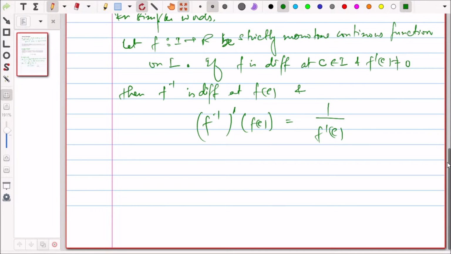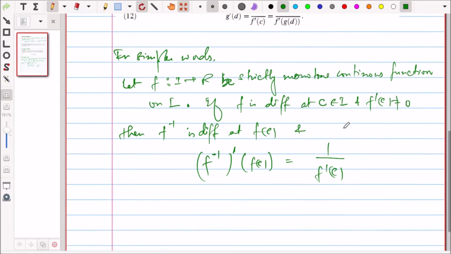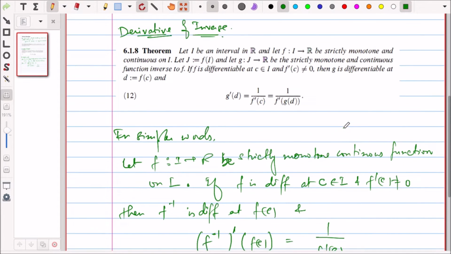Simple. The derivative of f inverse at f(c) is given by 1 by f dash c. Is this statement clear to everyone? This is the simplest statement.